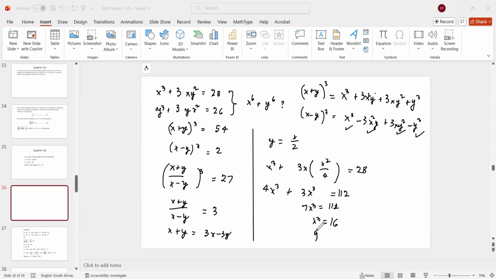And remember, we said y cubed is 2. And the question was this. What is x to the 6th plus y to the 6th? If we know x cubed and y cubed, then we should be able to work out the 6th powers just simply by squaring them.